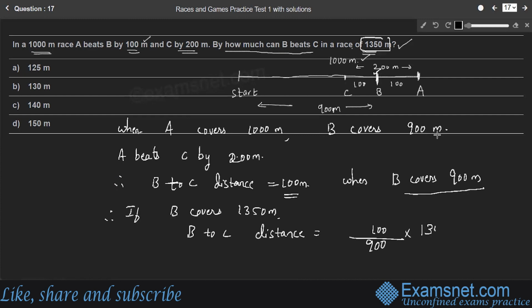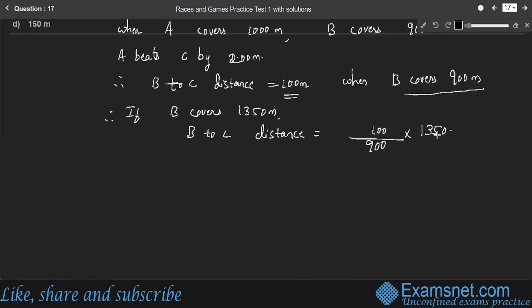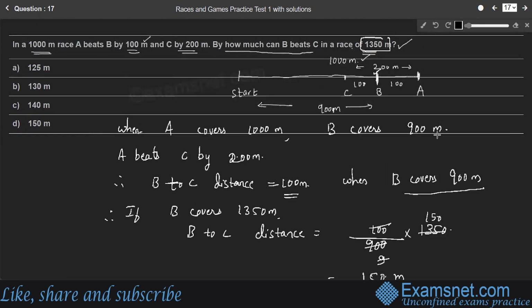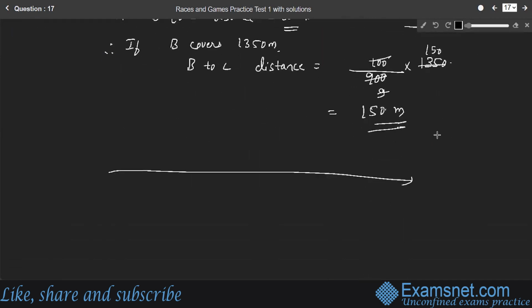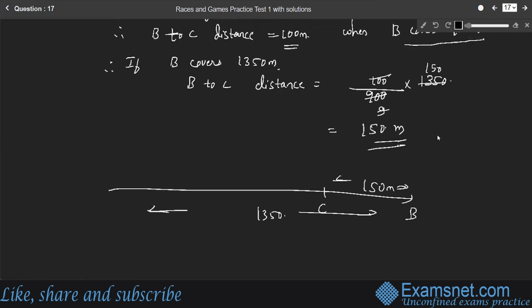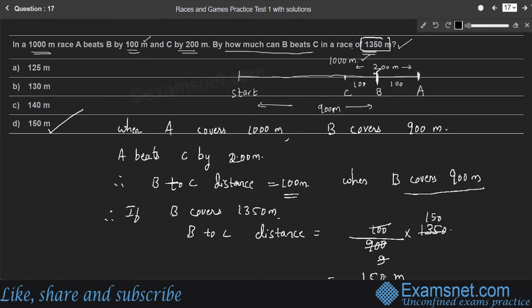If B covers 1350, this is how you have to calculate. 100 into 9, so 9 into 1, 9 into 5, so the B to C distance will be 150 meters. So when B reaches the destination of 1350 meters, B beats C by 150 meter. Hence, come back to the options. Option D is the right answer.